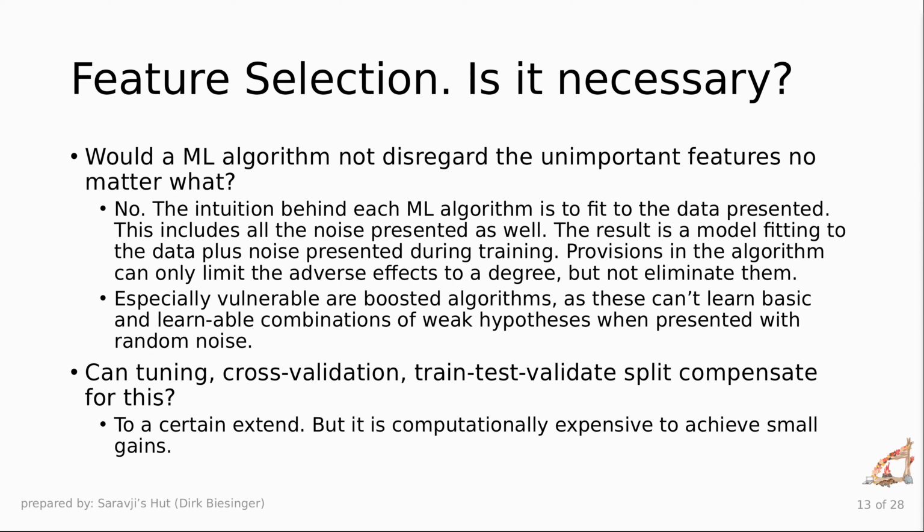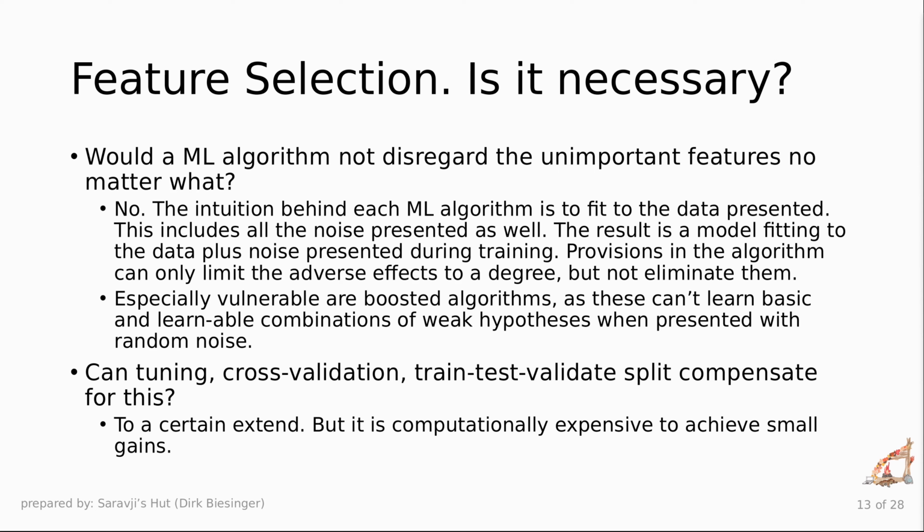So what actually happens is the low-hanging fruit, the easy fitting, is to the signal. But once the signal is exhausted, a machine learning algorithm now optimizes, instead of only on the small nuances in the signal, it also optimizes for the noise that is coming in from the unimportant features.